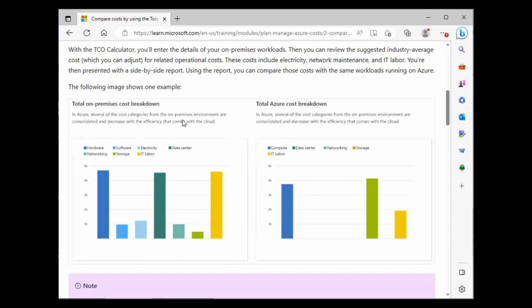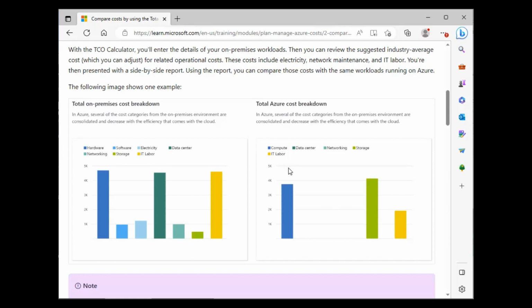In Azure, several of the cost categories from the on-premises environment are consolidated and decrease with the efficiency that comes with the cloud. And in the total Azure cost breakdown, several of the cost categories from the on-premises environment are consolidated and decrease with the efficiency that comes with the cloud.